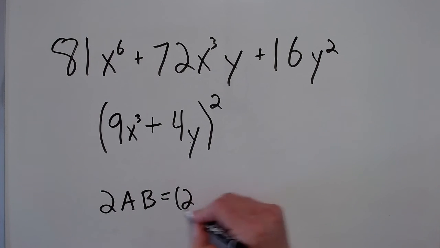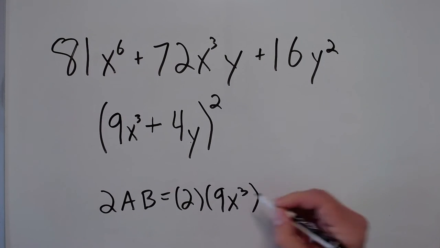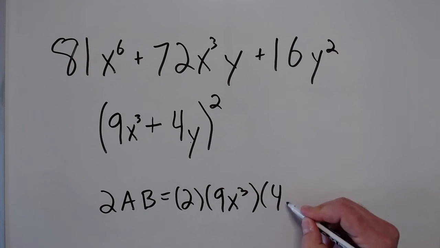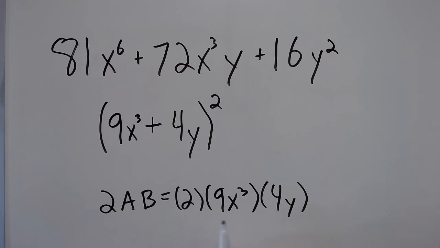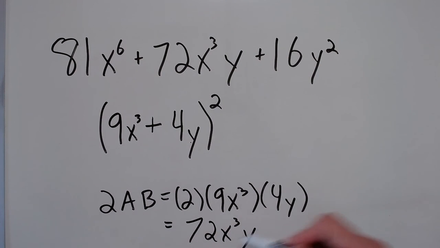So it's 2 times a, that's 9x cubed, times b, 4y. 2 times 9 is 18, times 4 is 72. Yep, so if we multiply all these together, we get 72x cubed y. So that's the term in the middle. So yep, we double check this, we get back to where we started. And that's it for today. We'll see you next time.